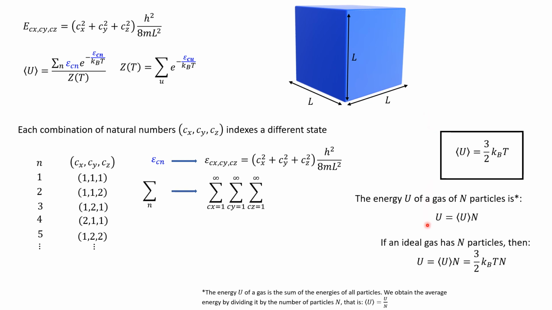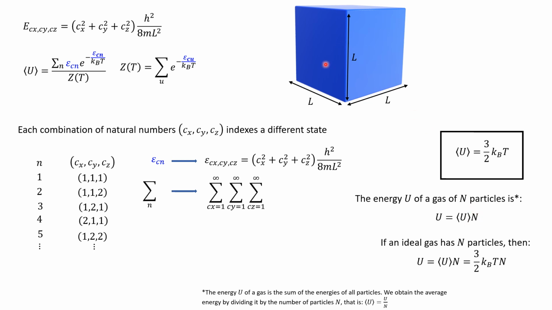So we've just seen that we could obtain the average energy of the ideal gas by measuring the energies of all particles and taking the average. This average will be the sum of the energies of all particles divided by the number of particles. That means that the total energy is the average energy times the number of particles.